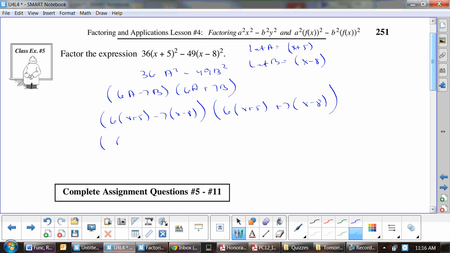Okay, so this would be 6x plus 30 minus 7x plus 56. Very good. The next set would be 6x plus 30 plus 7x minus 56.